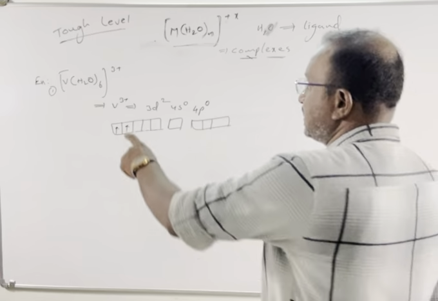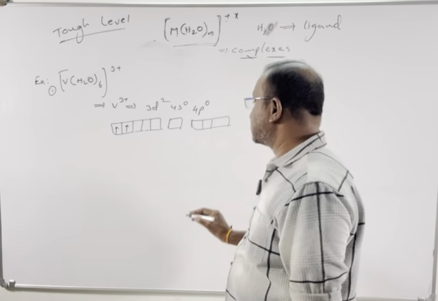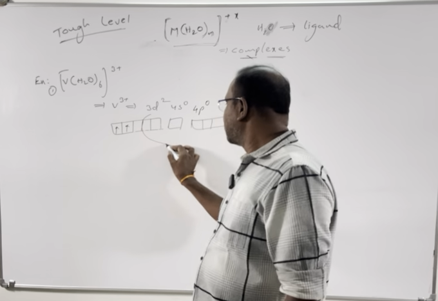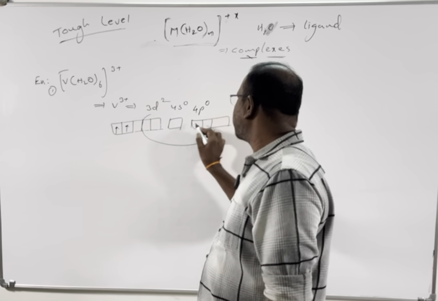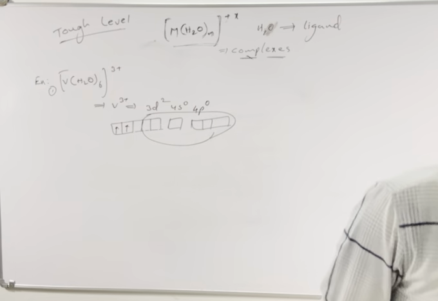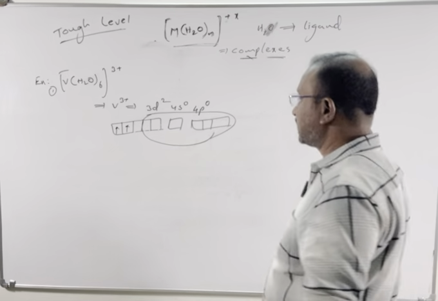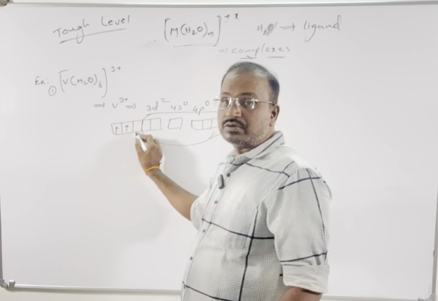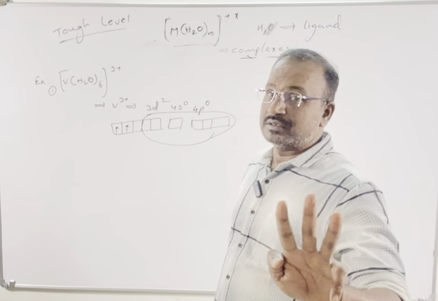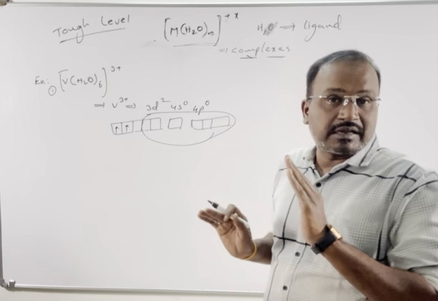Then here 6 H2O are there, so we require 6 empty orbitals. For those 6 empty orbitals, it takes d2sp3 hybridization. One d orbital is empty and does not get involved, of course; 3 d orbitals are empty here. But d3sp2 hybridization will never work.